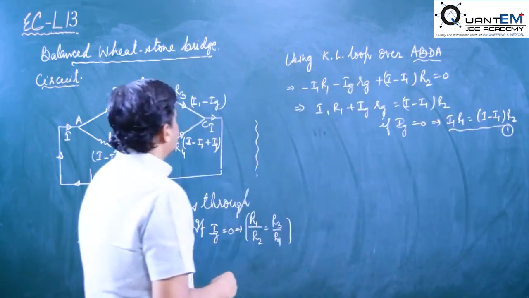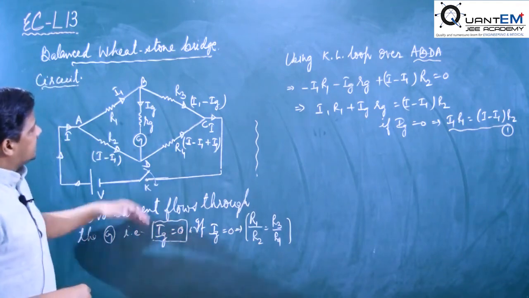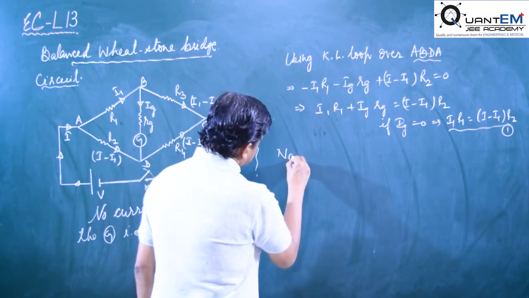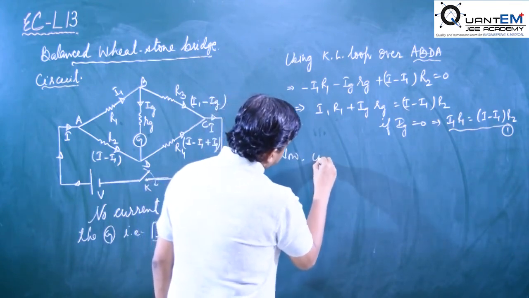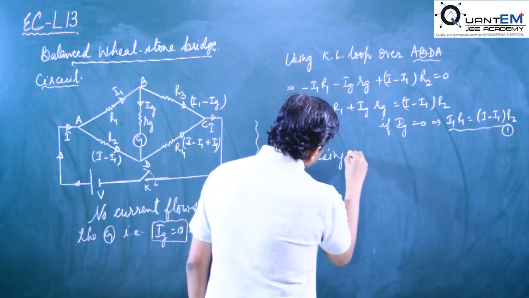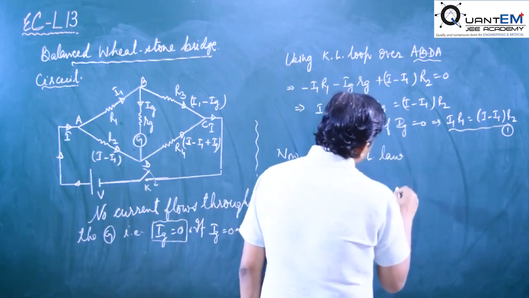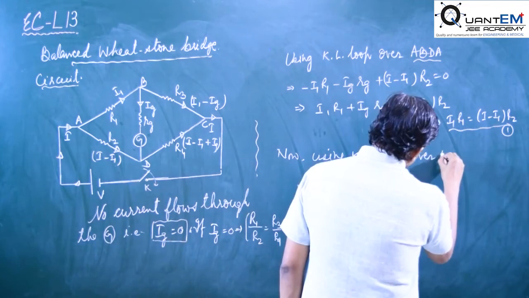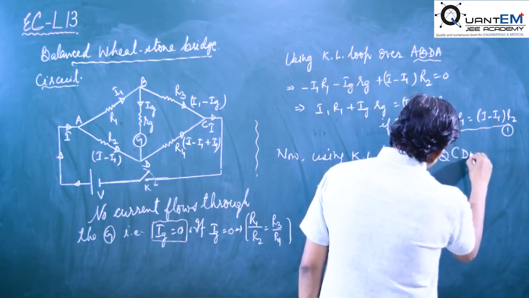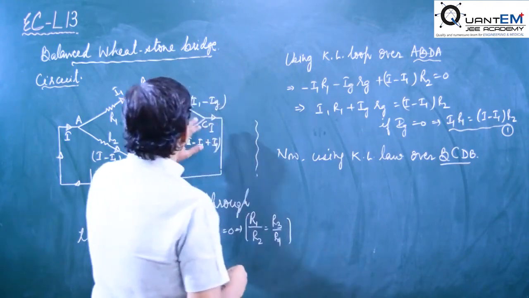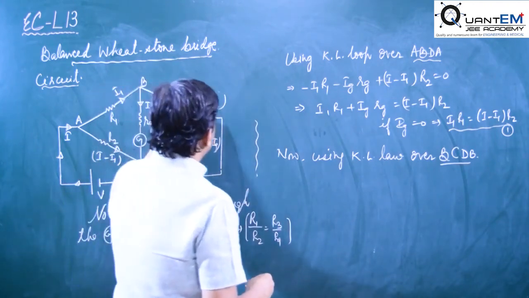Now similarly we use Kirchhoff's loop law over the second loop, that is B, C, D, B. Starting from B to C, we have current and loop in the same direction.